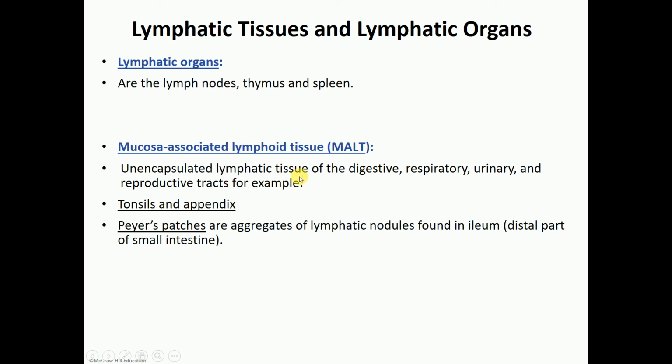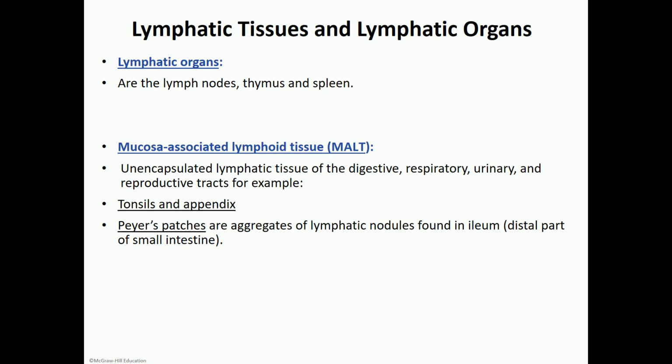Those, again, are lymphatic tissue that are scattered. They don't have any capsules or anything. They're scattered within the digestive, respiratory, urinary, and reproductive tracts. And what all of these tracts have in common is that they do open up to the outside world, and they are lined with mucous membranes, hence the name mucosa-associated lymphoid tissue.